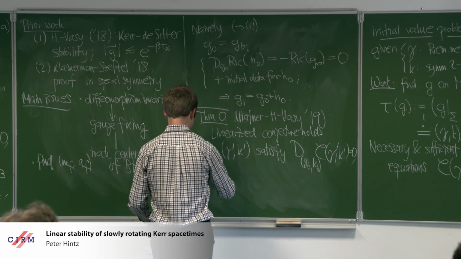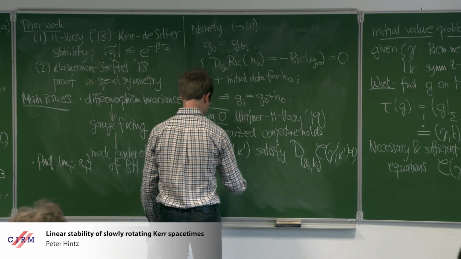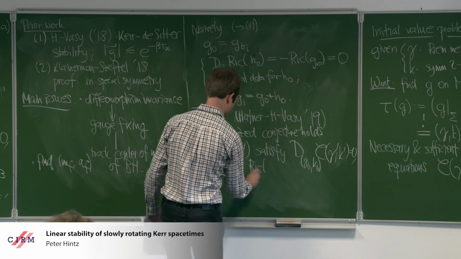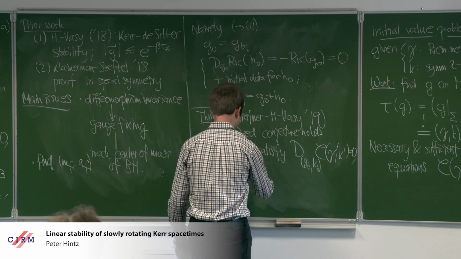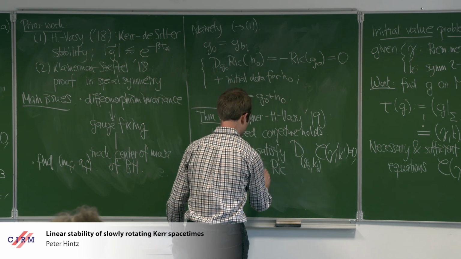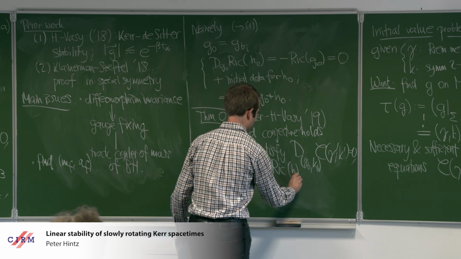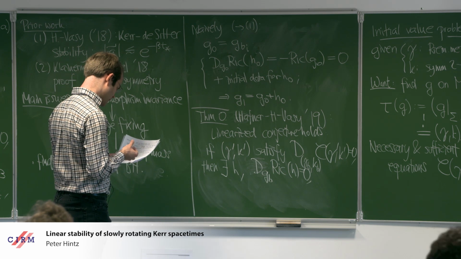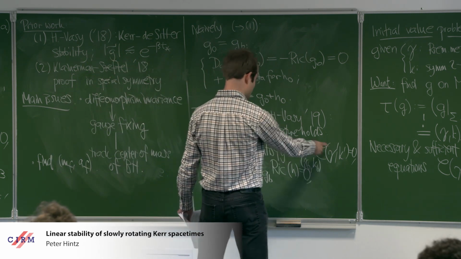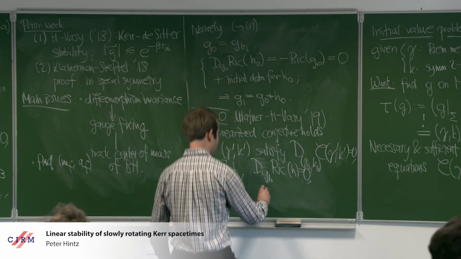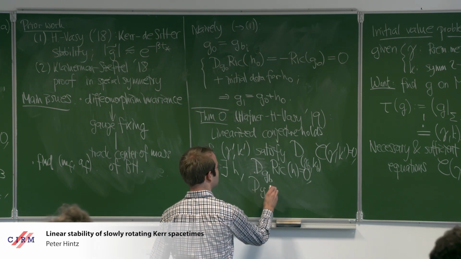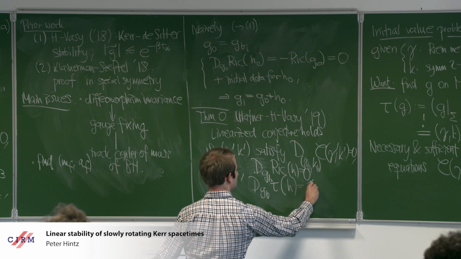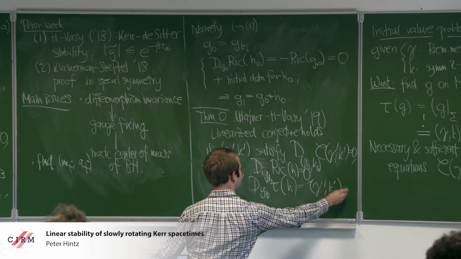Then there exists a solution H of the linearized Einstein equation, so linearized around the Kerr metric, and that attains these initial data in the sense that the linearization of this initial data map gives you gamma prime and k prime.